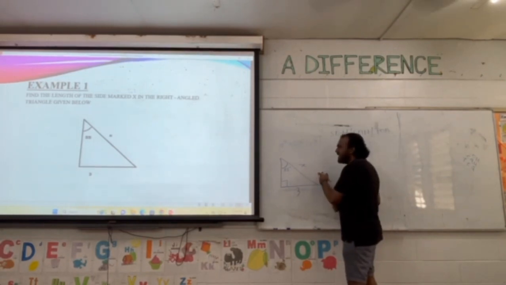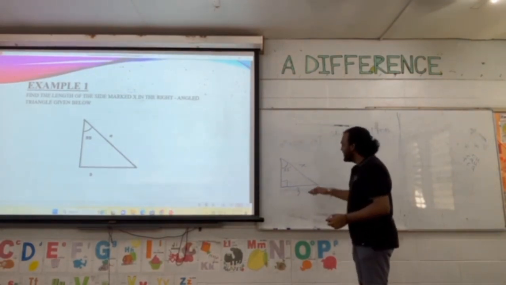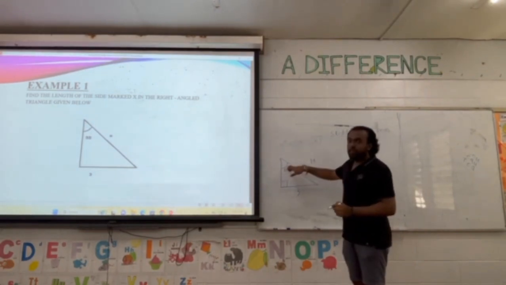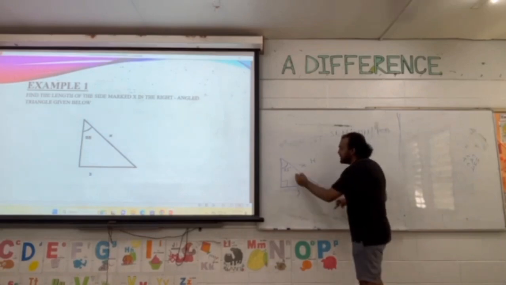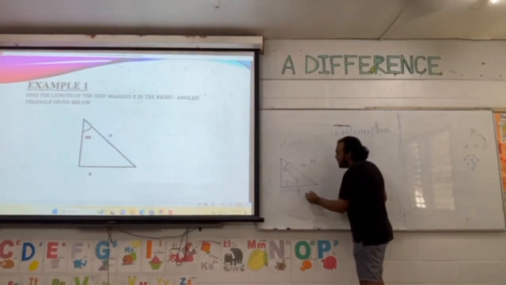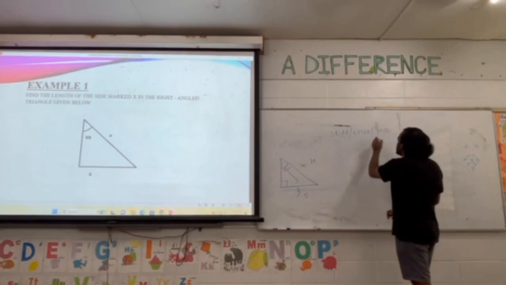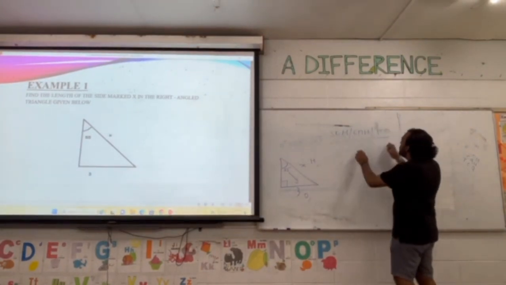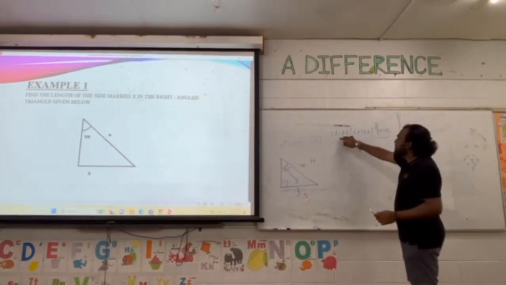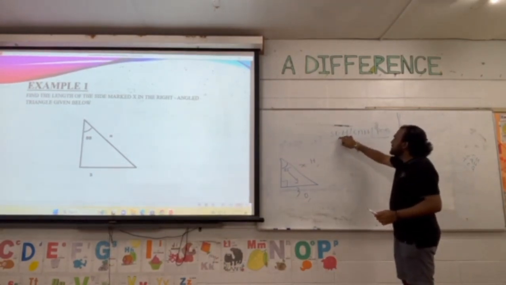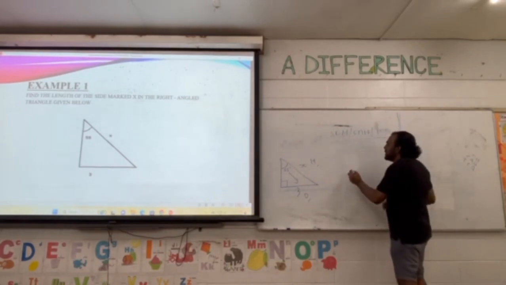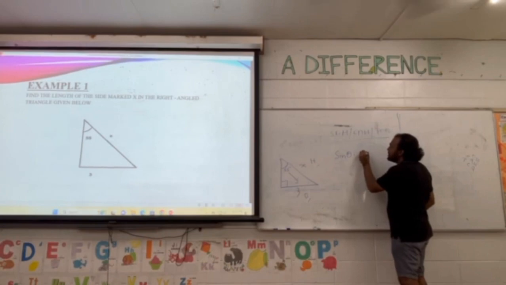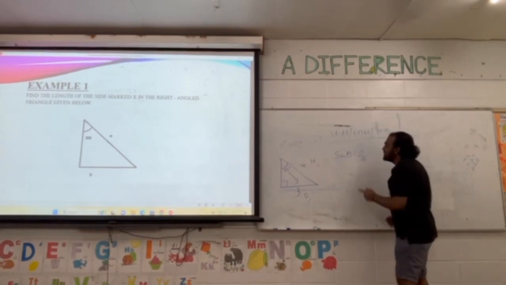So this is our H, and opposite of the theta value is our opposite, O. Going back to the main equations, we can see we are given O and H. Looking at the three equations, we can use the sine theta equation. Sine theta is equal to opposite over hypotenuse.